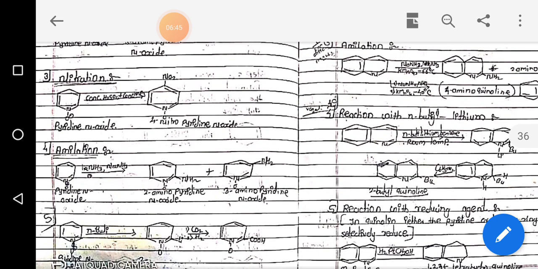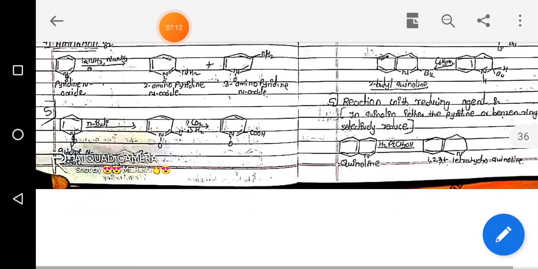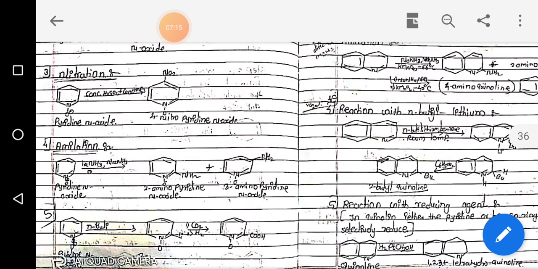Next one is the nitration reaction. For the nitration of pyridine N-oxide, the nitrating agent used is concentrated H2SO4 and concentrated HNO3, and the nitro group is added at the fourth position. So the nitrating agent is concentrated H2SO4 plus concentrated HNO3. These two are the nitrating agents.